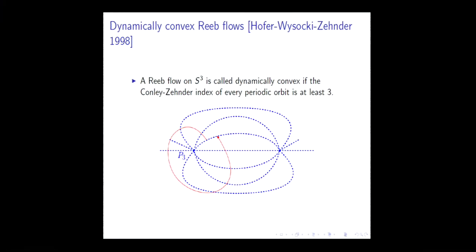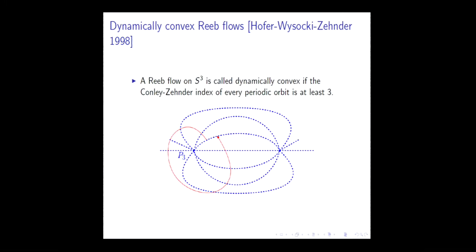And we say that a contact form on the three-sphere is dynamically convex if the index is at least 3 for all periodic orbits. And this name is motivated by the fact that if the star-shaped hypersurface in R4 is strictly convex, then it is, in particular, dynamically convex.